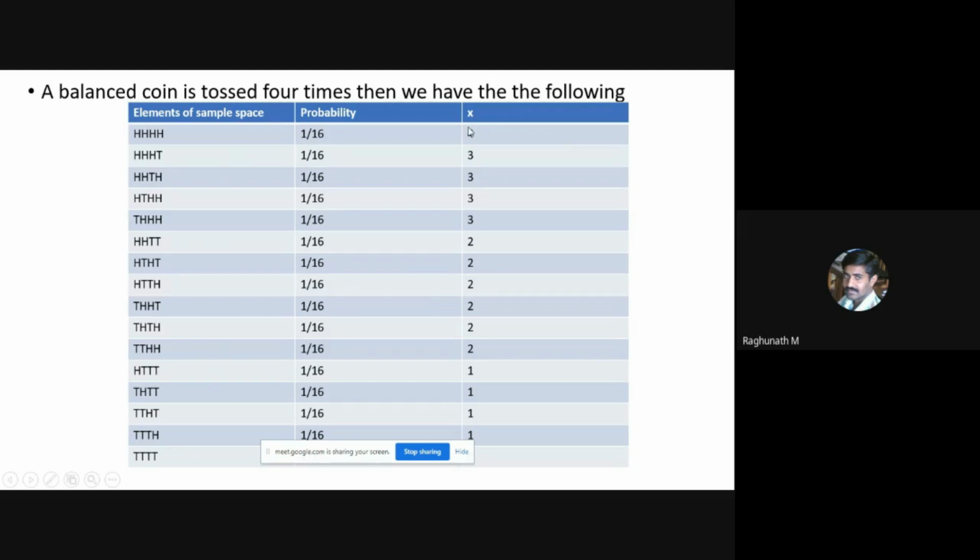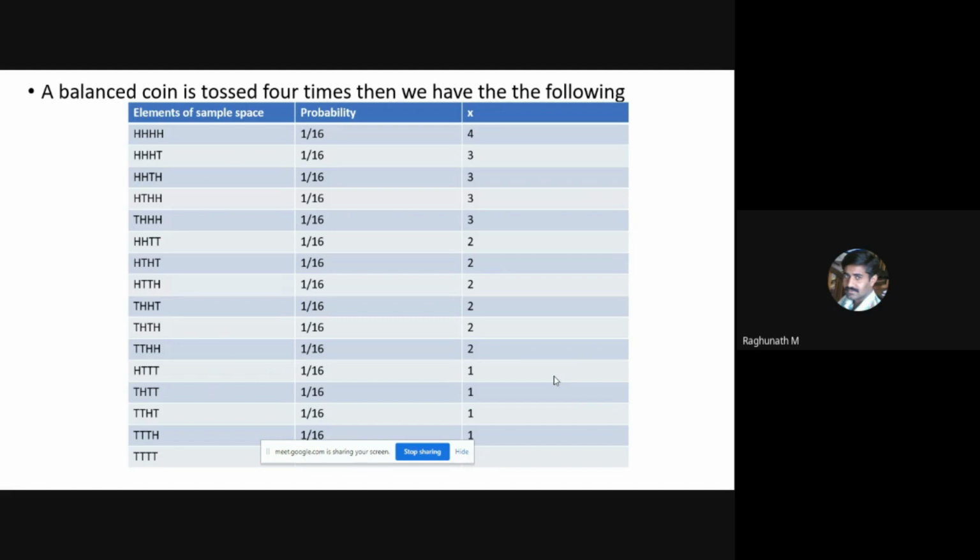Now coming to how many heads, because small x denotes the value taken by the random variable capital X. Here they are going to be 4, 3, 3, and so on. You can observe the number of heads. Coming to the last one, all are TT, which is going to be 0. So this is one simple way of defining the random variable.